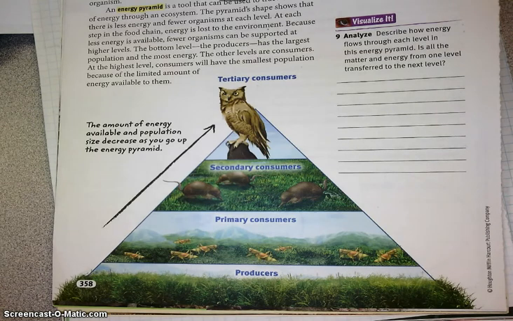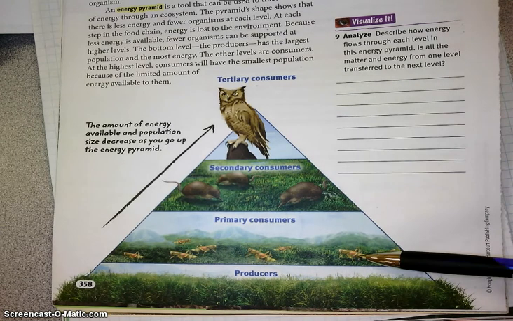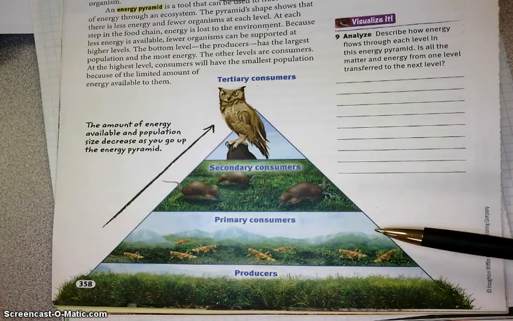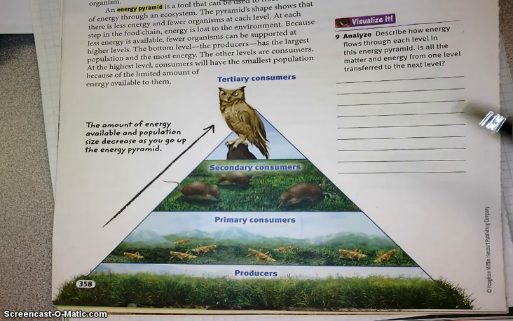Now, we've talked about the flow of energy through an ecosystem before in food chains and food webs. We said that those arrows represent the flow of energy through an ecosystem. So you could actually be given an energy pyramid and you could create a food chain from that pyramid.